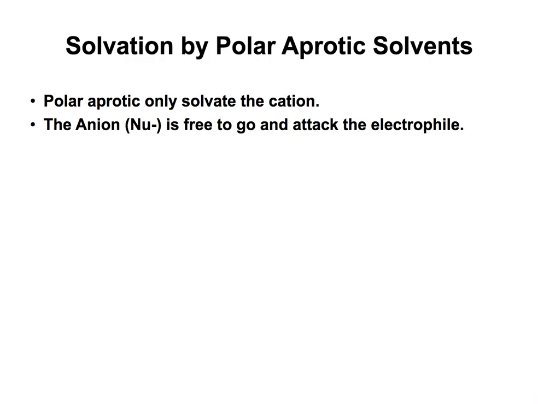Now let's look at a polar aprotic solvent. So imagine I have, again, NaBr, but now I'm using something like acetone. So acetone does not have the hydrogen bonding.